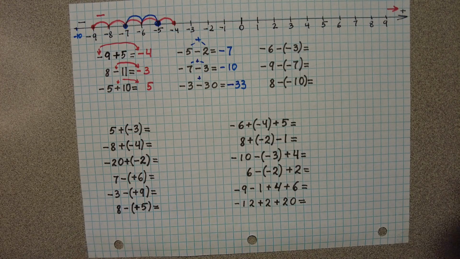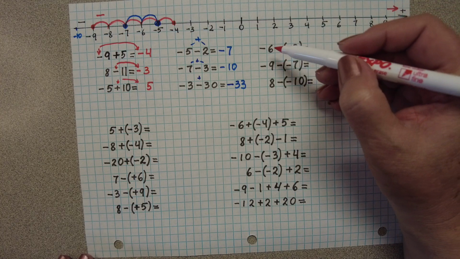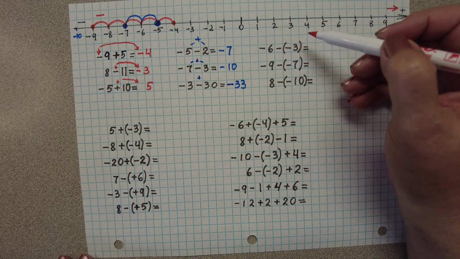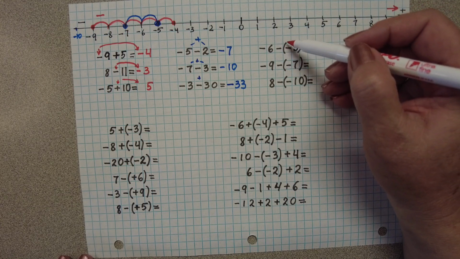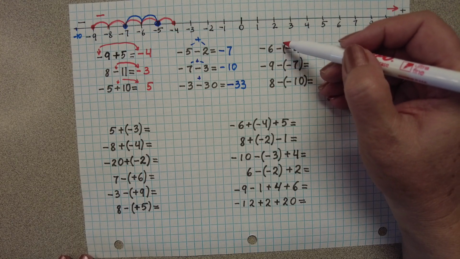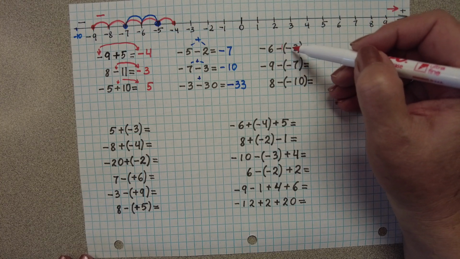Here we have some other example. If we have with parentheses, let's say negative 6 minus 3. If it's in parentheses, if there is a sign without number in front of it, it means it's 1. But this is about the multiplication of the numbers.